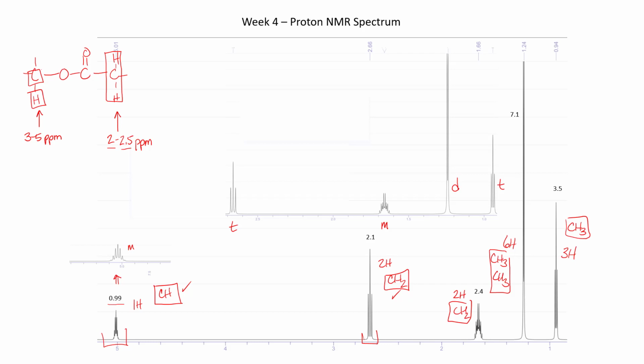Looking at these two CH3s, what are they? They're a doublet. How many neighbors do they have? Well, if you're a doublet, it means that n plus 1 equals 2, n's the number of neighbors, so this doublet is next to a CH, which means we have an isopropyl group.